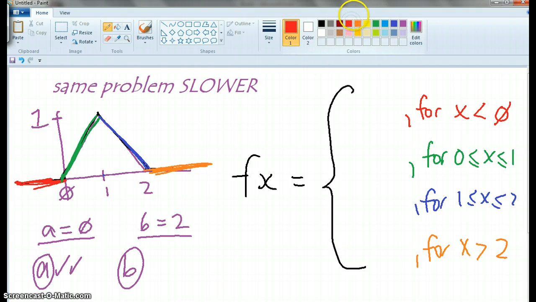Now, what's the value of f of x? Sorry, my syntax is bad. What's the value of f of x here? This is f of x on this axis. 0. Okay. And what's the value of f of x here?